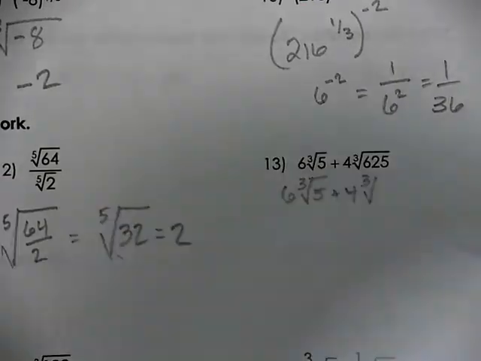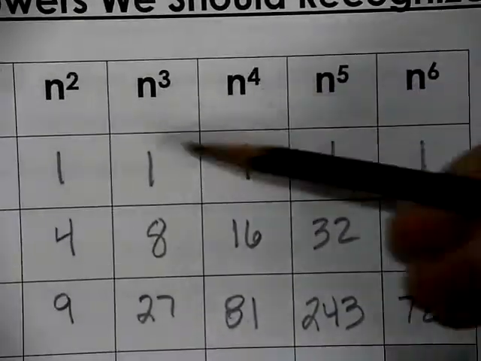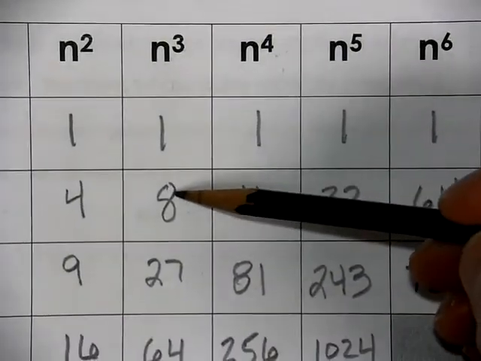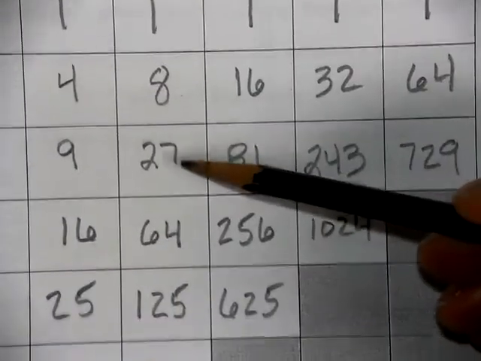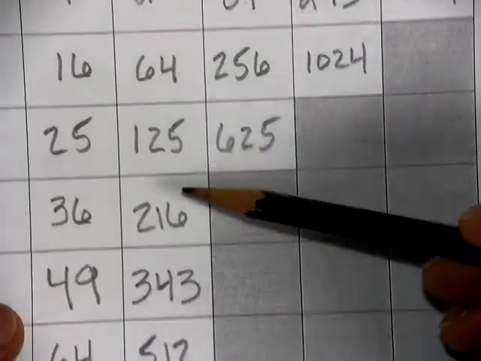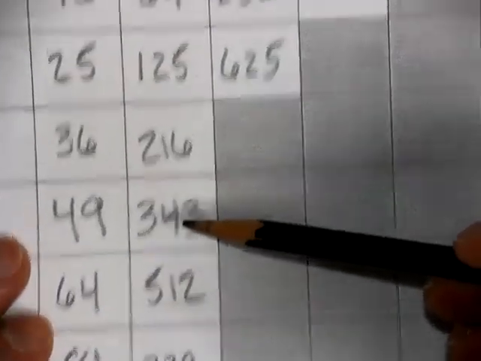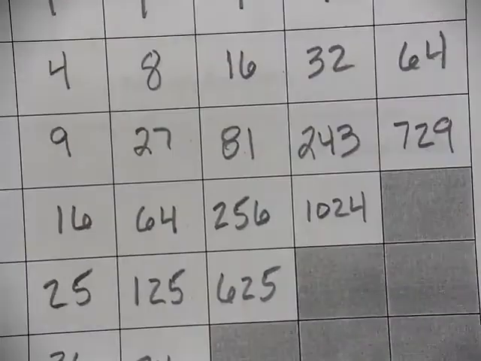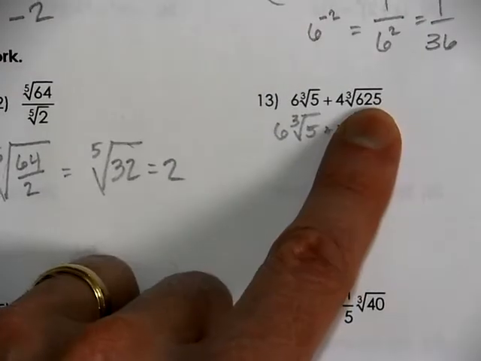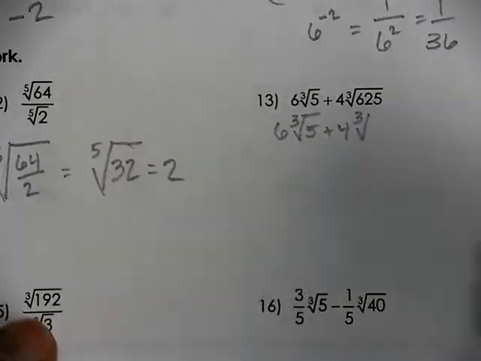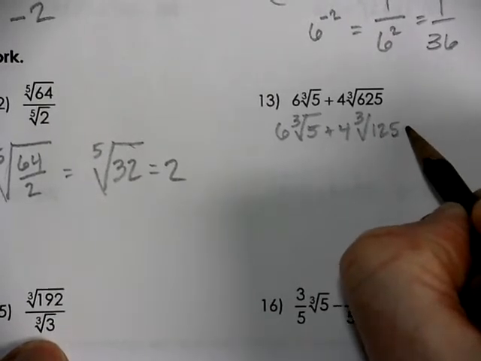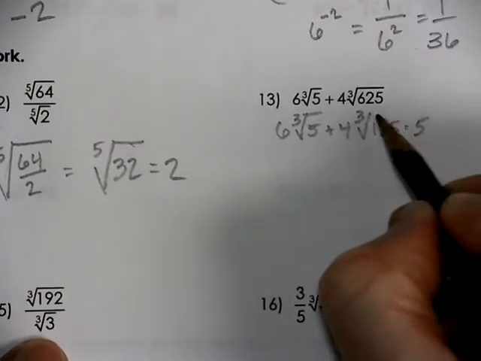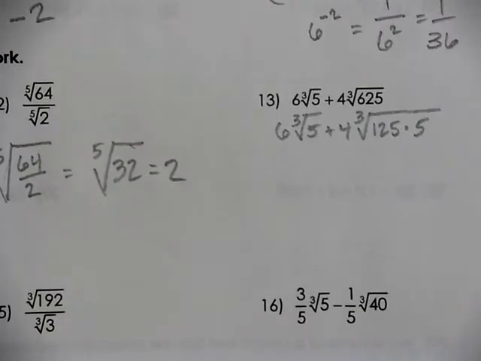So the type of numbers you want to use are numbers that fall under your cubes, so either 8, 27, 64, 125. One of these numbers is what we want to hopefully go into 625. And of course, 125 times 5 is what makes 625.